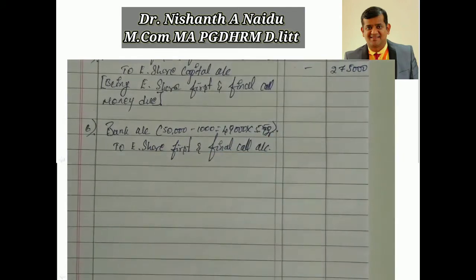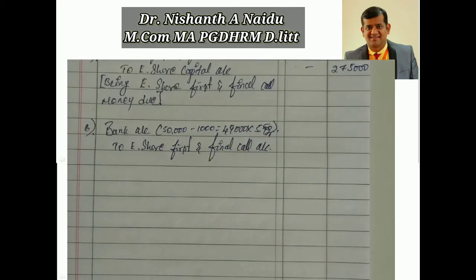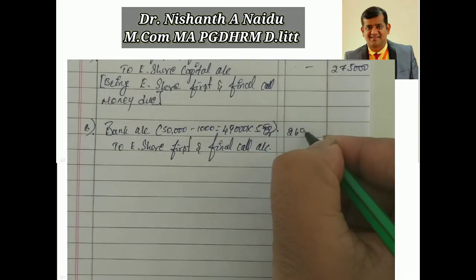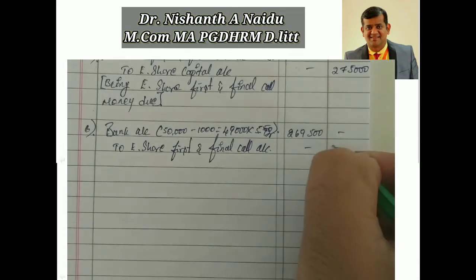So 49,000 shares into 5.50 comes to 2,69,500.